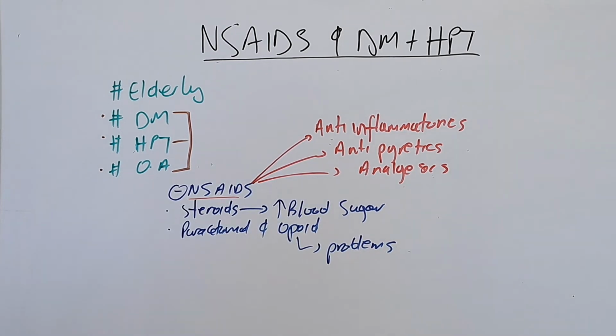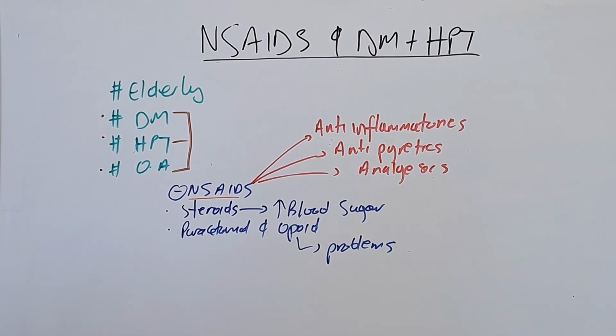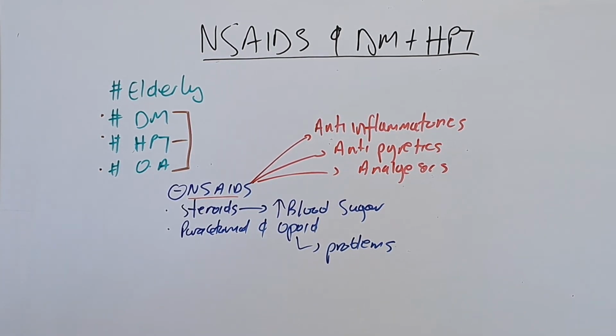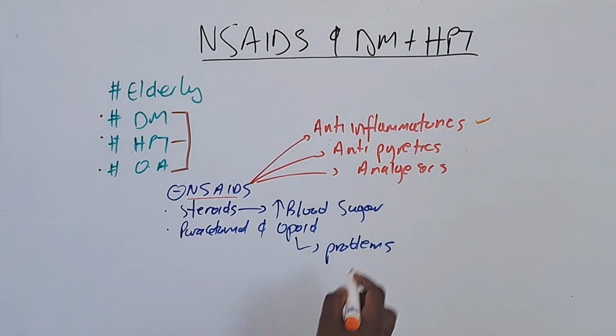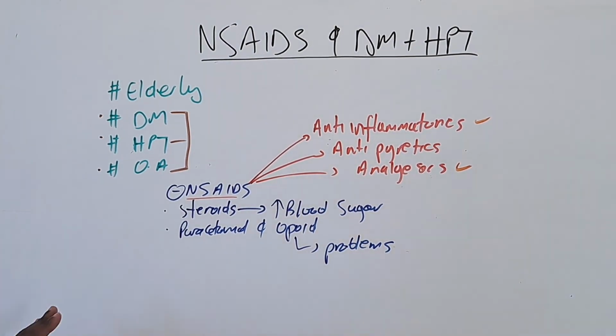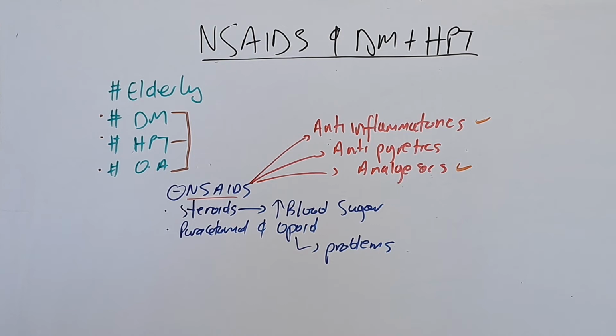Because remember, when you've got a patient with osteoarthritis, you want this anti-inflammatory effect, you want this analgesic effect for them, right? They work very well if you add a steroid on top of that. The combination works very well in terms of controlling the pain. But this is the situation that you have.